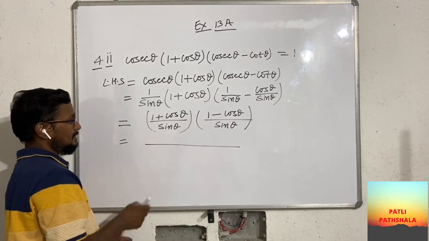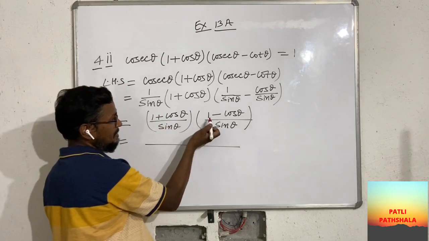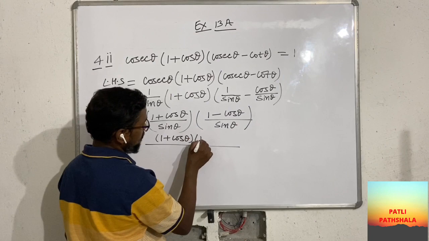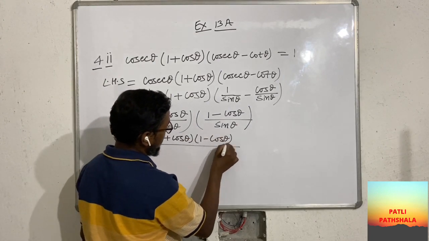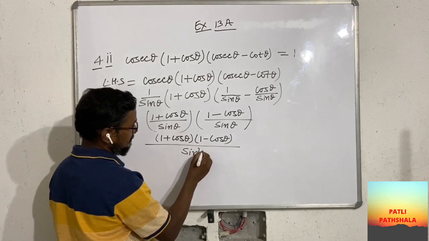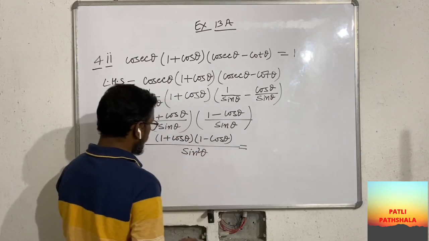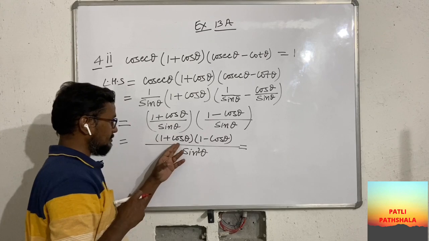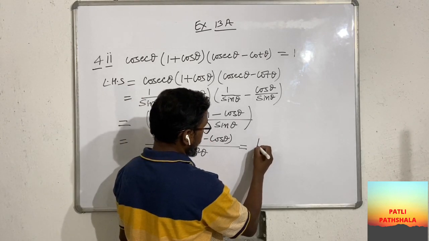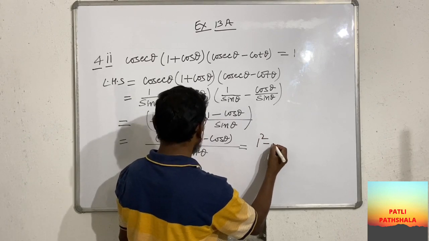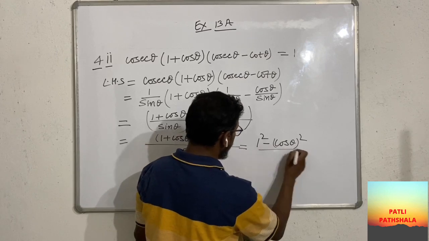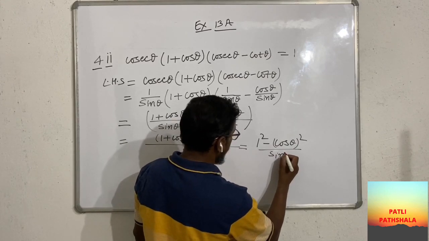So we multiply 1 plus cos theta and 1 minus cos theta, and sin theta into sin theta will be sin square theta. Now this is in the form of a plus b into a minus b, so we use the result a square minus b square: 1 square minus cos square theta, over sin square theta.